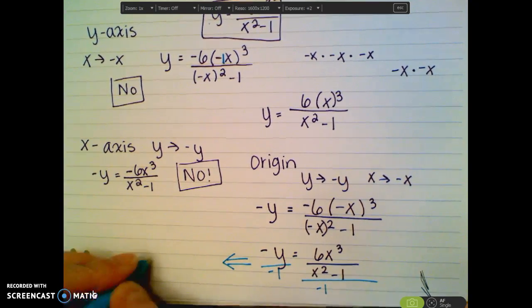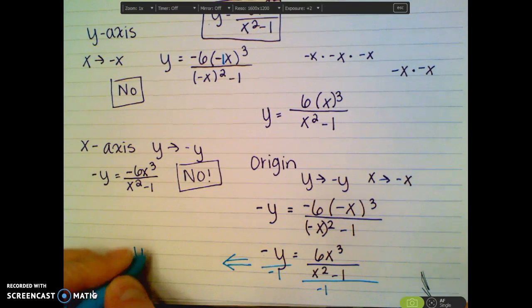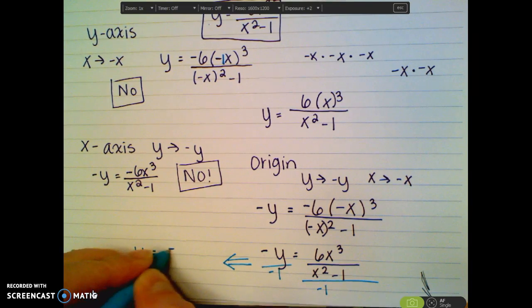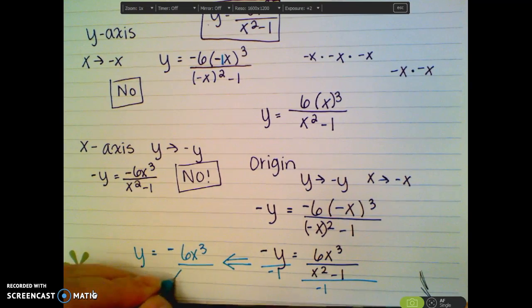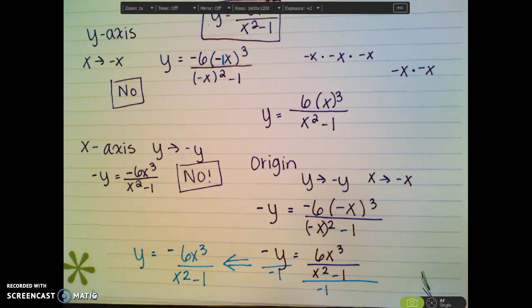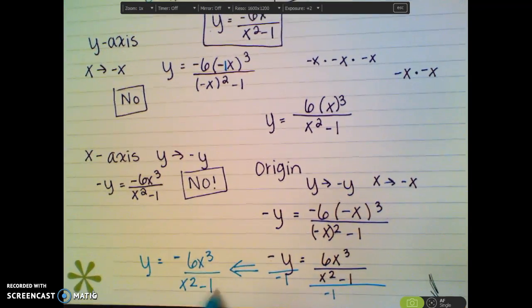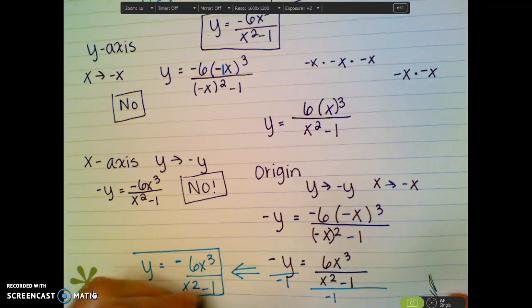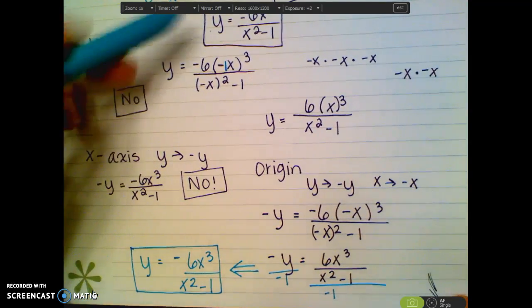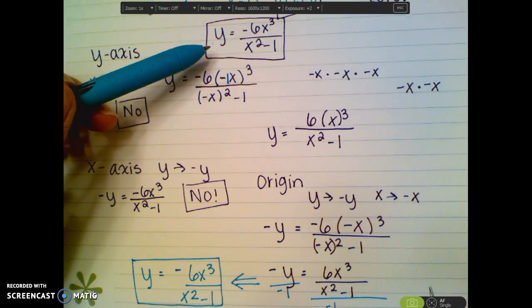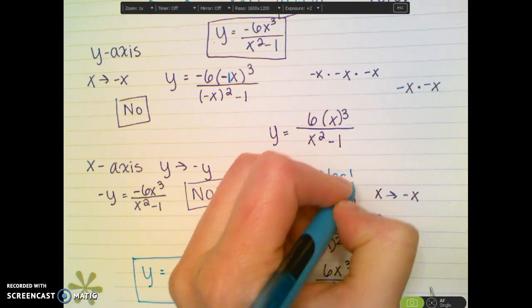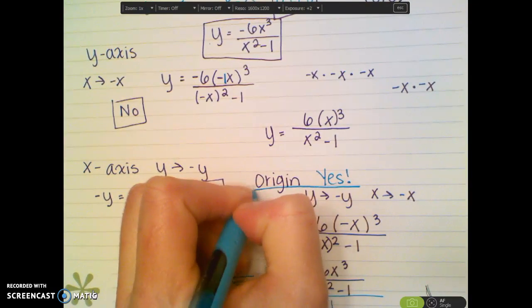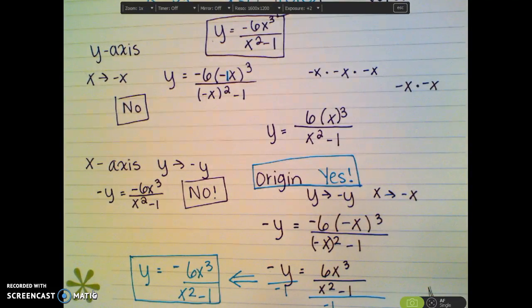This would therefore equal y equals negative 6x cubed over x squared minus 1. Is this, right here, then the very same thing as our original equation? Yes. So, yes, our equation is symmetric with respect to the origin.